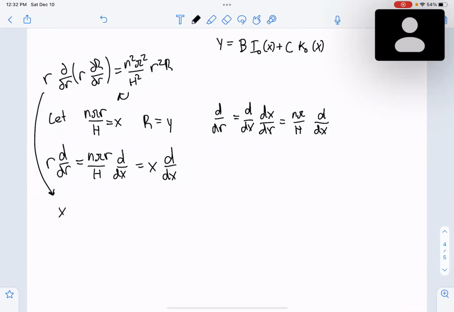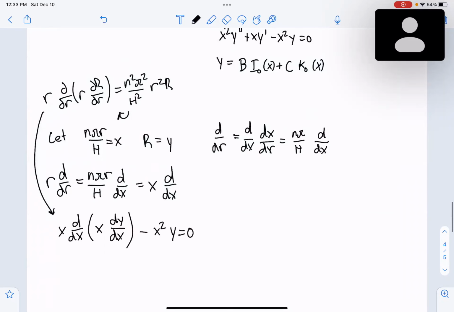We'll have x d over dx times x dy dx minus x squared y is equal to 0. Hopefully you can kind of see it from here. r d over dr is just x d over dx, so that's what we get here. Same in the brackets here. And then n squared pi squared r squared over h squared is just x squared, based on this definition here. So we got exactly what we wanted here.